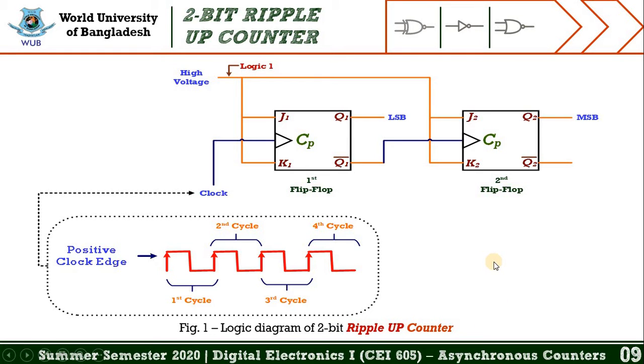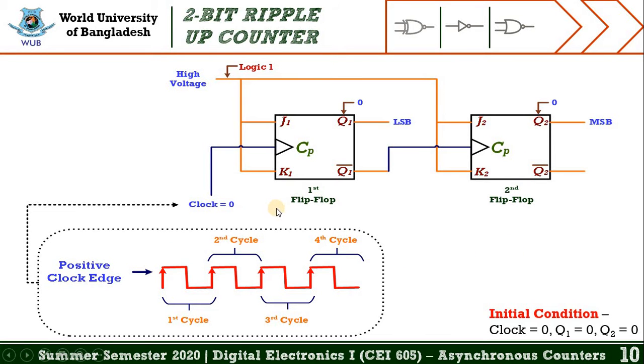So let's move into the next slide to explore how and when each cycle is applied at the clock signal, and what we will find at the output section of the flip-flops.